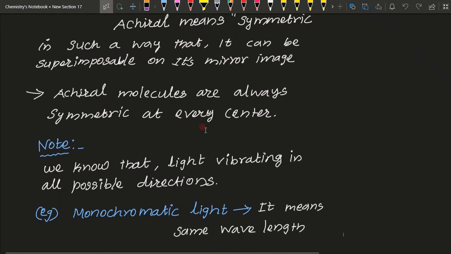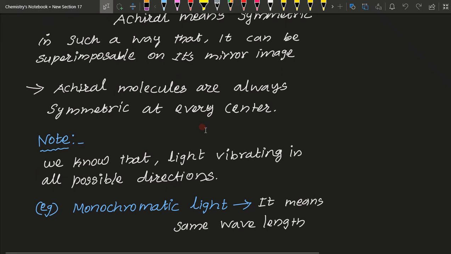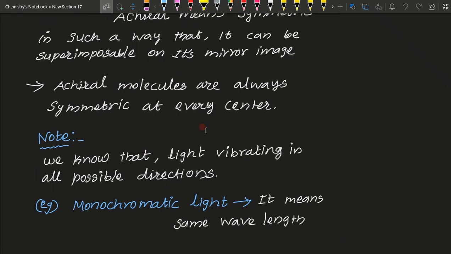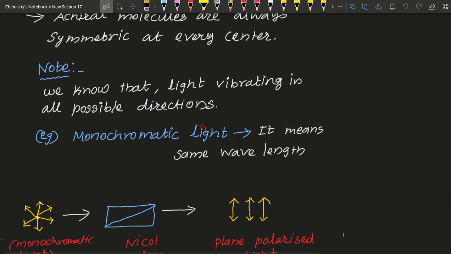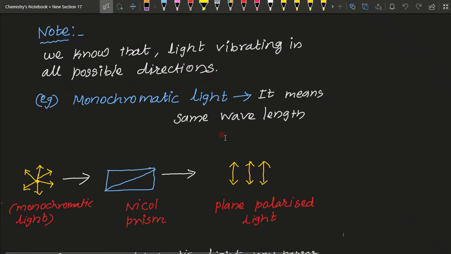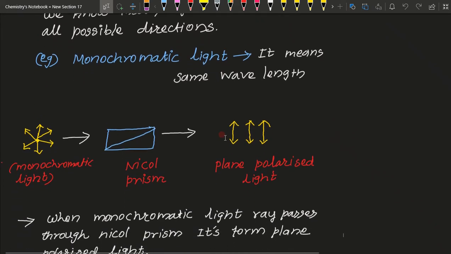Note, we know that light vibrates in all directions. For example, monochromatic light means light of the same wavelength. See the diagram below.